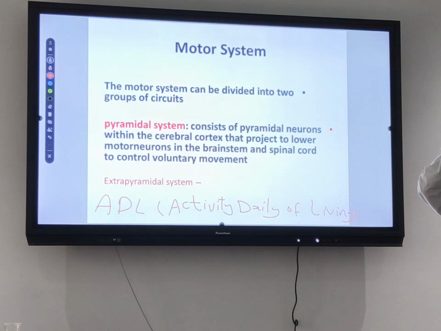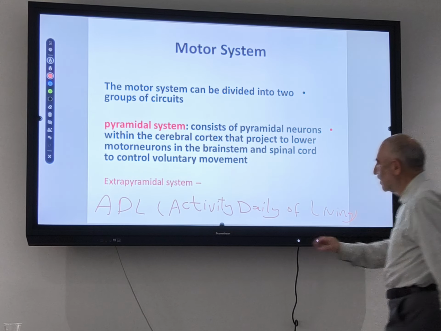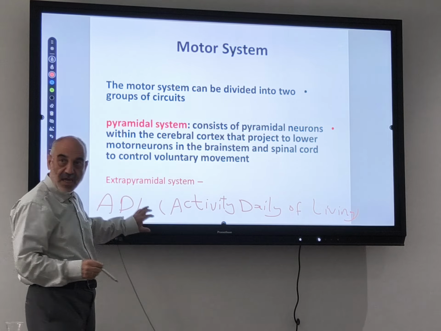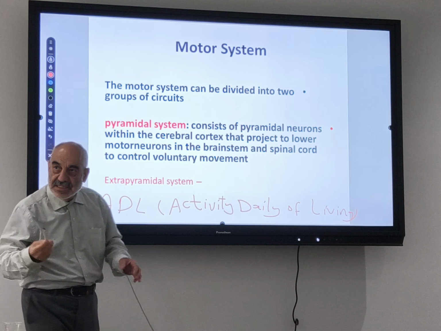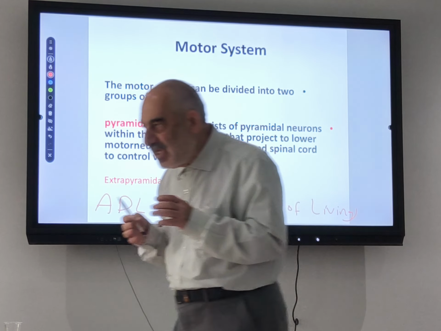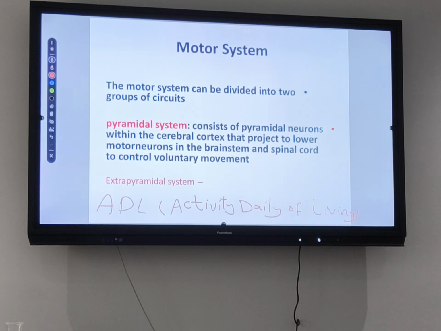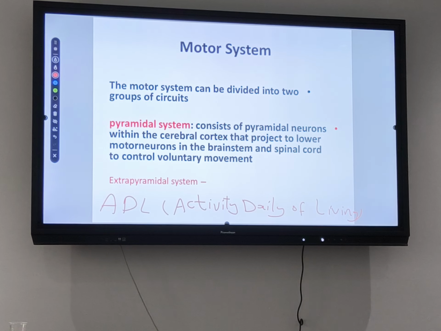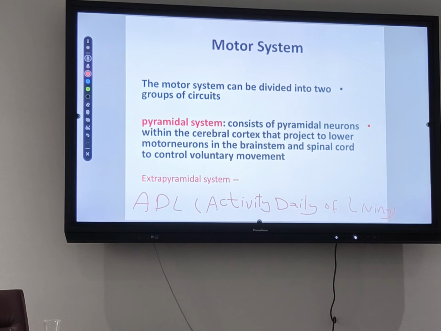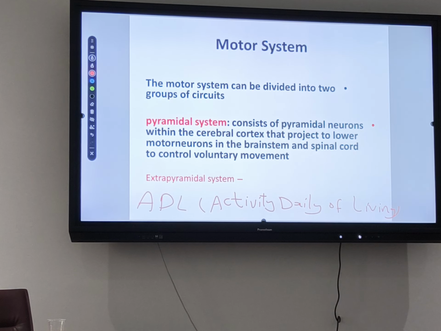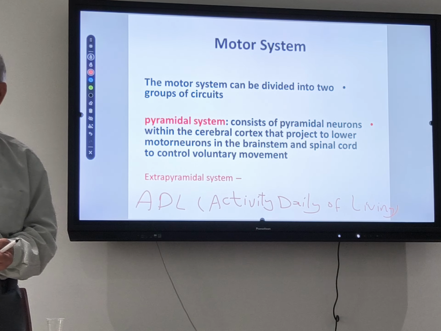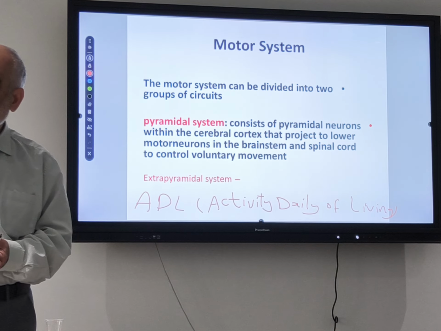Please be aware of the ADL. When the patient comes to your clinic in the hospital, please evaluate and ask one question: can you do, for example, ADL or not? Ask the patient. No, I cannot eat. I cannot hold a cup of coffee, a cup of tea.